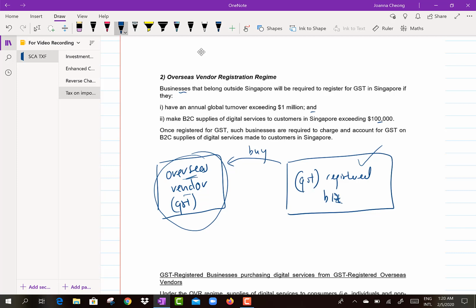If that is the case, the registered business will need to apply the reverse charge instead. So they will charge GST on their own when they buy things from the overseas vendor, and then collect on the overseas vendor's behalf and give the GST back to IRAS. So in other words, they will still have to apply the RC method in the event of buying from a GST registered business overseas.